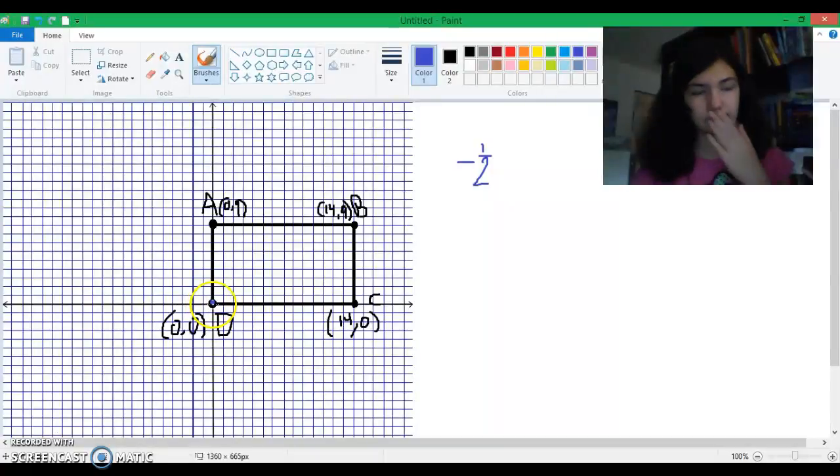Oh shoot, I'm doing it in the wrong direction. 1, 2, 3, 4.5 ish. And then we're going to do 14 divided by 2 is 7. So then times the negative 1 is negative 7. So 1, 2, 3, 4, 5, 6, 7. And there we go. There is our dilation with a scale factor of negative 1/2.